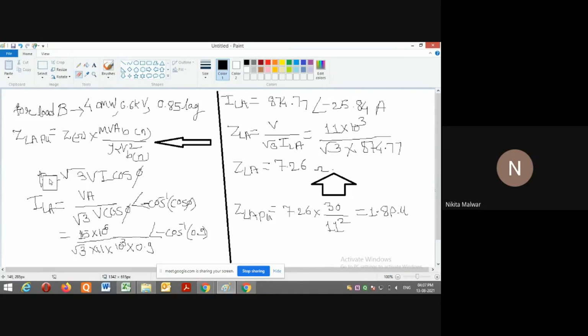So put this value for ZLB, ZLB in the per unit system. Follow this procedure: P equals root 3 V I cos phi.